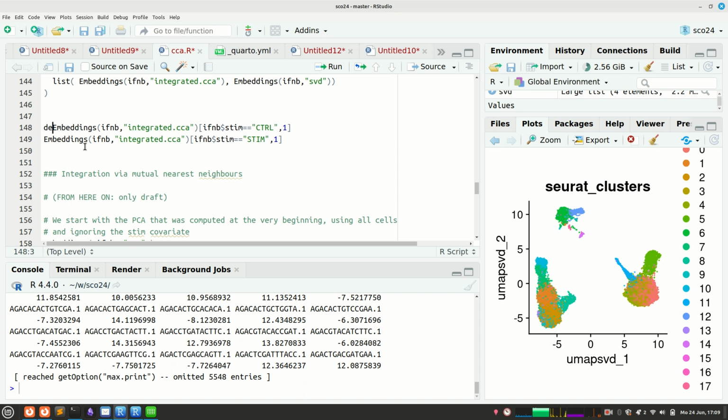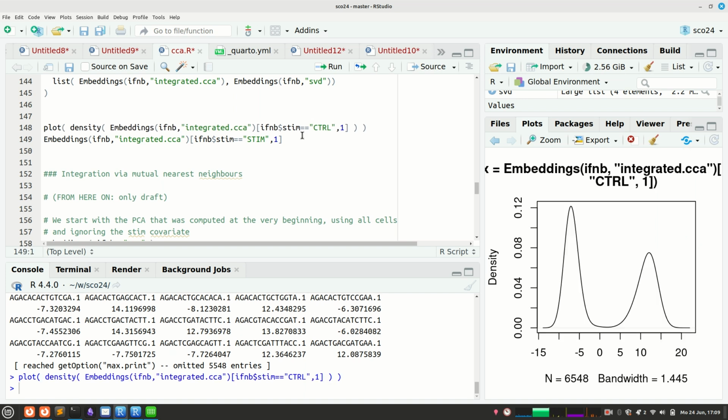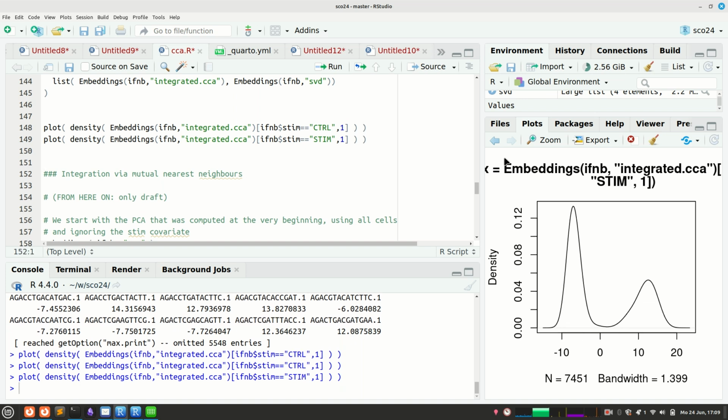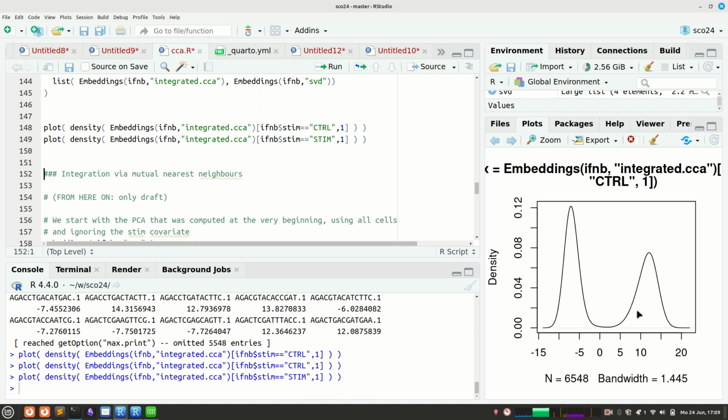And I now make a kernel density estimate of each. And as you can see, the two densities look really similar, even though not quite; something here has changed in the relative order of these two peaks.